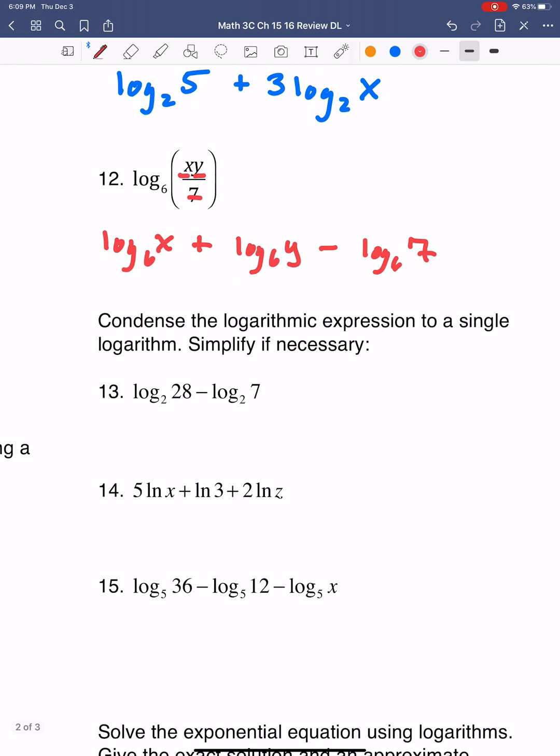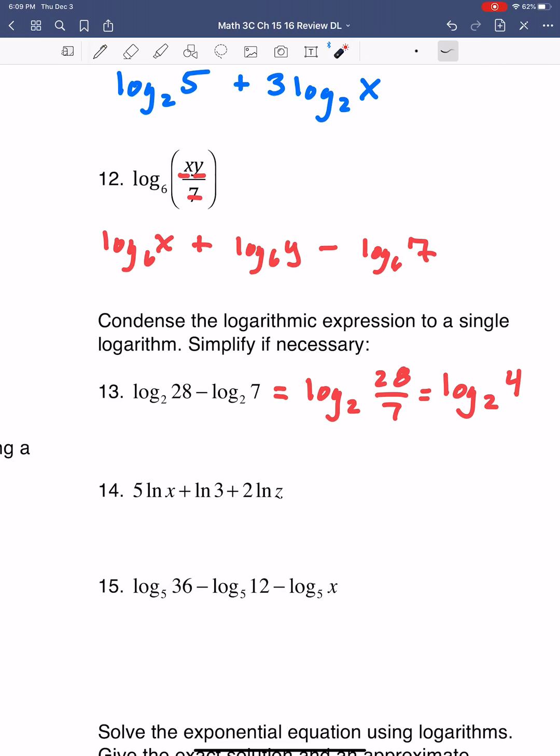Moving to 13, we're going to go ahead and condense and simplify. So now we're just going back the other direction. So now we've got subtraction. I want to condense this into just one single log. So I have log base 2, and since it's subtraction, that turns into division. So 28 over 7, those are the properties that we had talked about. And I can reduce that even further. That's going to be log base 2 of 4, right? 28 divided by 7.